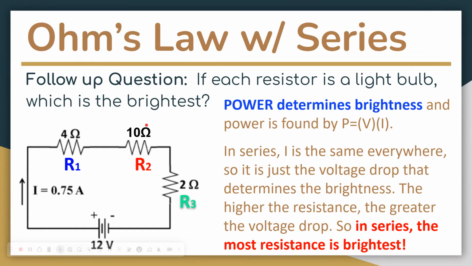That rule only works for series, which is why you can always go back to power, but if you apply that concept to a series circuit, the one with the most power dissipated will be the one with the most resistance. Okay, so again, if you want to make a note of that, by all means, please do so. Any questions about those calculations or this concept of bulb brightness, if these are light bulbs?